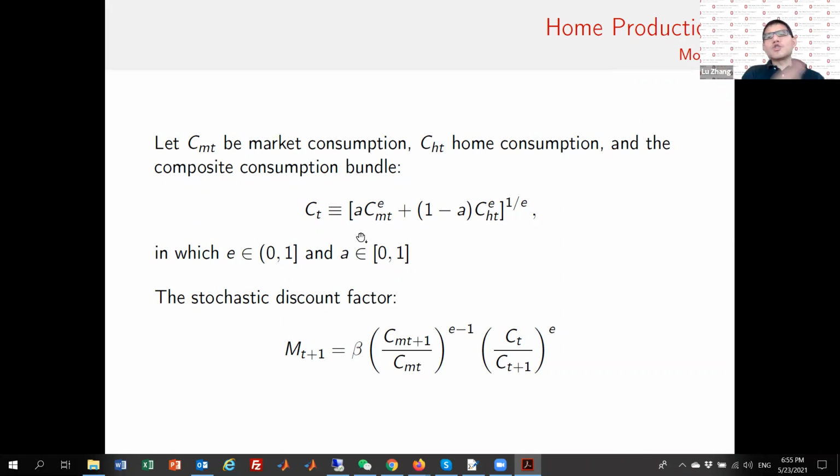And A is the shifting parameter determining how much you like or dislike home goods. Dislike, actually, since A is in front of the first term. The stochastic discount factor is a bit more complicated, even with log utility. Now you have two types of goods, with home goods buried in the composite bundle, and the market good shows up in the first term.